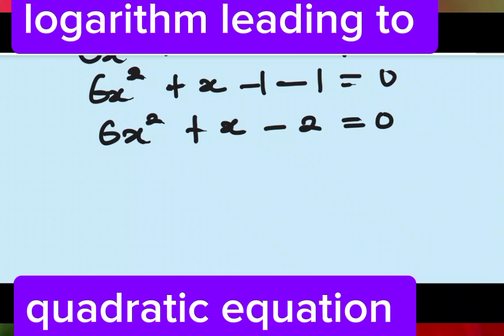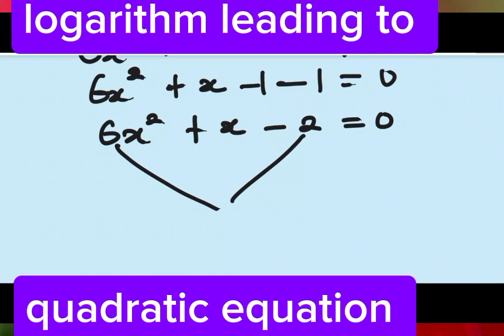And how do we apply factorization method? The first step is to multiply the first term by the last term on the left-hand side of the equation. There are 3 terms here. The first term is 6x squared, the second term is plus x, the third term is minus 2.